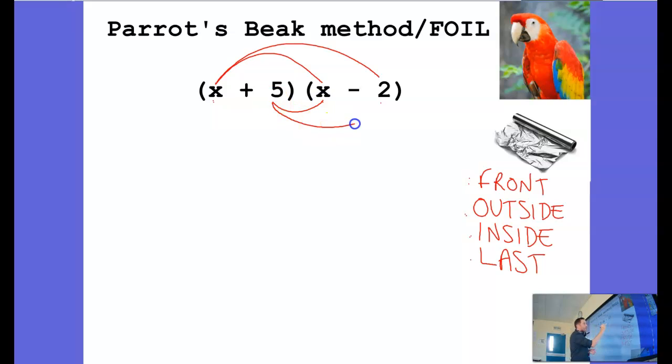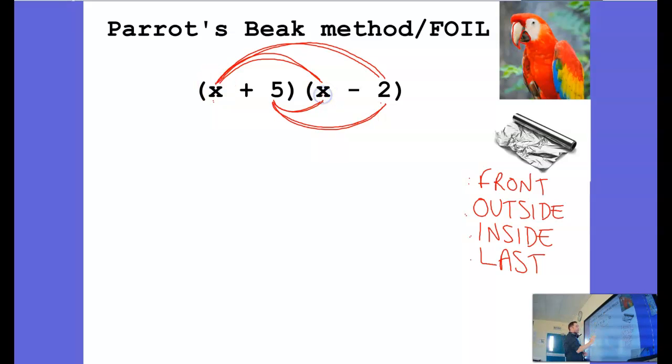Then I'm going to do the last, so the last number in this bracket, and the last term in this bracket, and multiply those. You'll see it's very similar to the grid method in some ways. I'm just multiplying all those parts. And the reason it's called the parrot's beak is, you can see I've drawn here, it looks a bit like a parrot's beak. If you look at the top of a parrot's beak, it's sort of longer than the bottom.